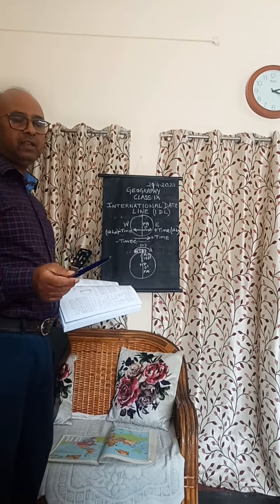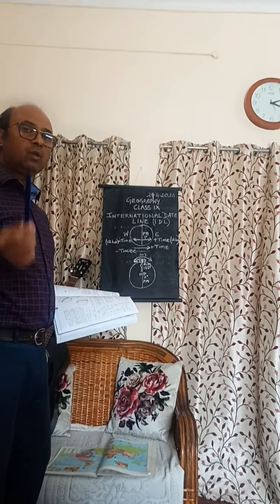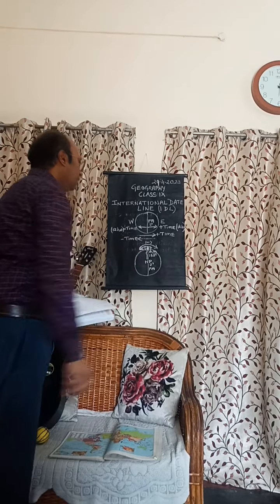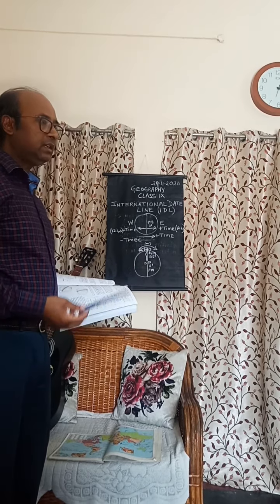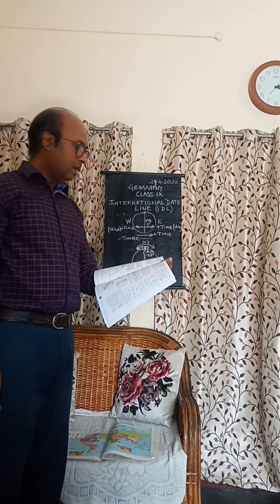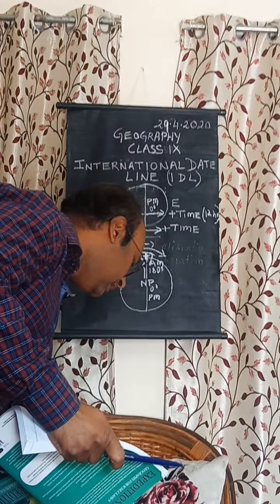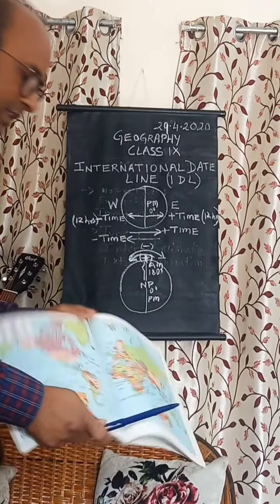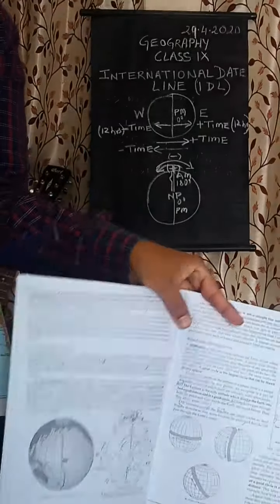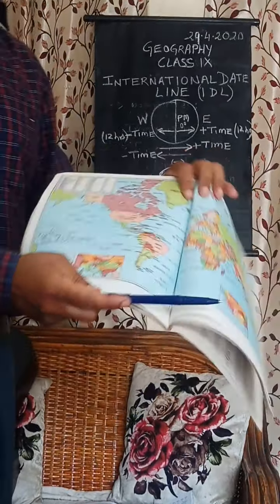So here you find that a calendar day is lost or gained when a traveler crosses the international date line on the 180 degrees meridian, that is the anti-meridian. Okay, now why is this anti-meridian in a zigzag manner? The book has shown you right here. Now I shall tell you why it is in the zigzag manner.